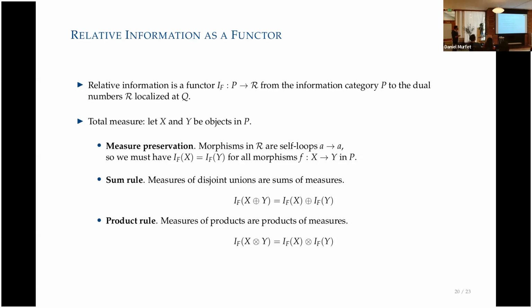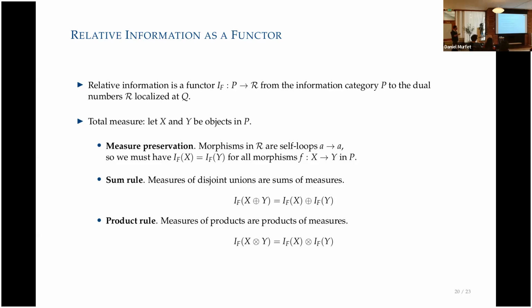So let's check that the function I defined just now is actually a functor from P to the dual numbers R. So first, let's check that on the objects. Because the morphisms in R are self-loops, the source and the target of X and Y must be mapped to the same number A. And this means that the total measure on X and total measure on Y is the same, which means that F is measure preserving.